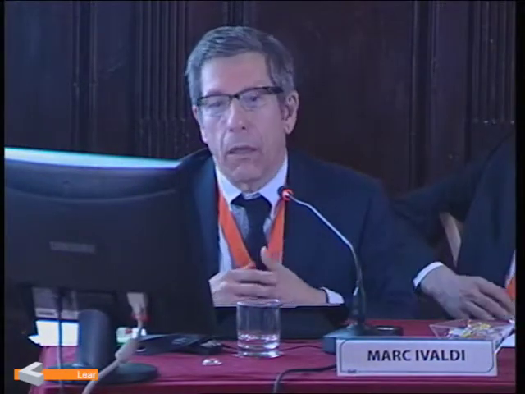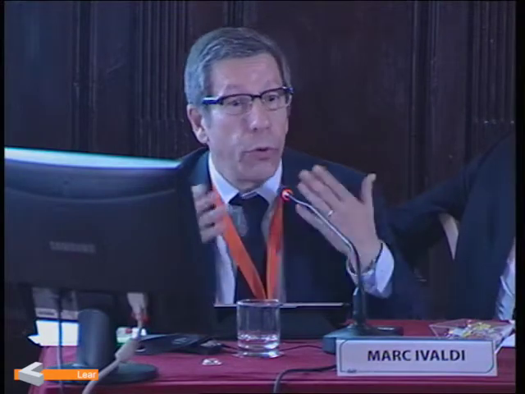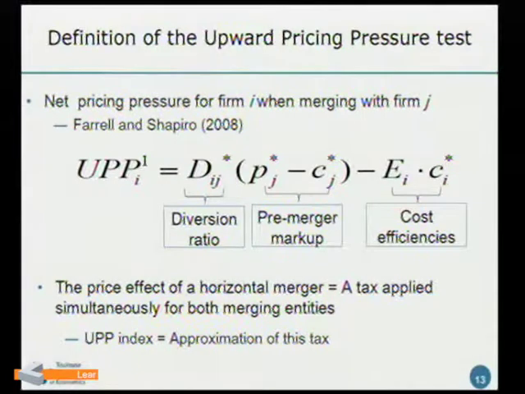And again, we are going to be able to compute the UPP and to know exactly the true UPP, because we know the true economy. So I recall the formula that you have already seen.